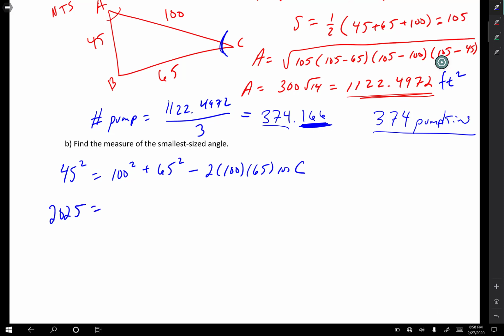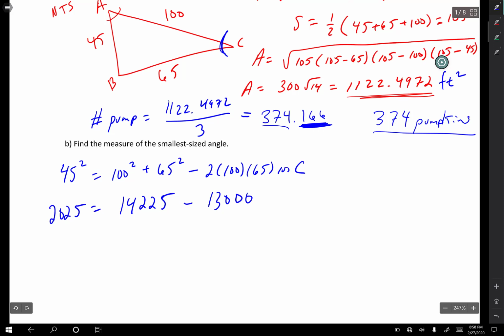So let's just go ahead and add up these guys already. So I think that is 14,225 minus 2 times 100 is 200 times 65, and you get 13,000.